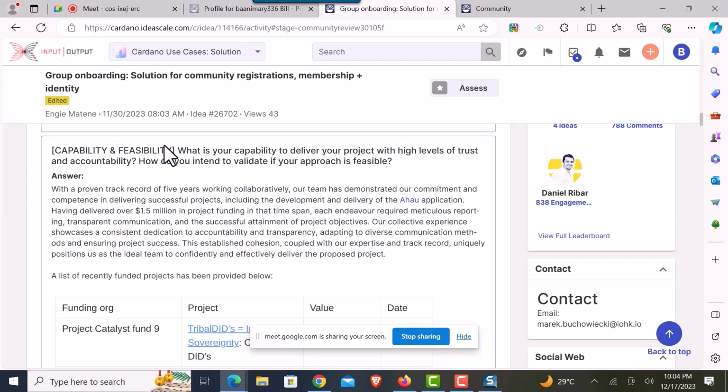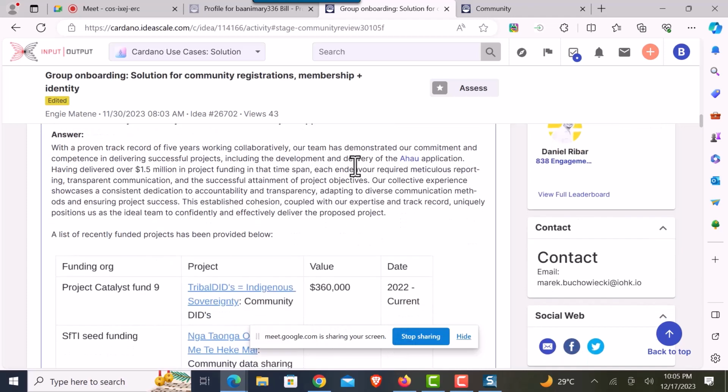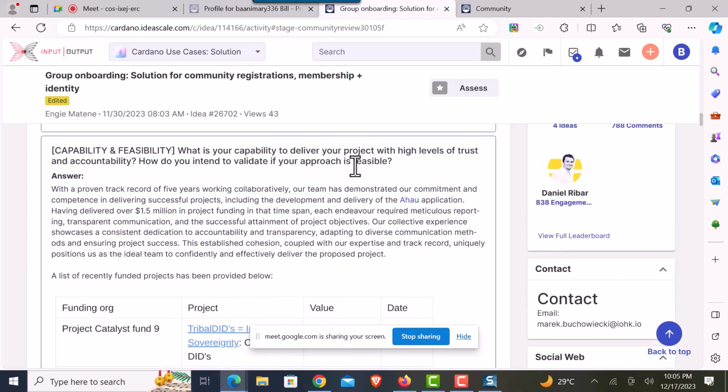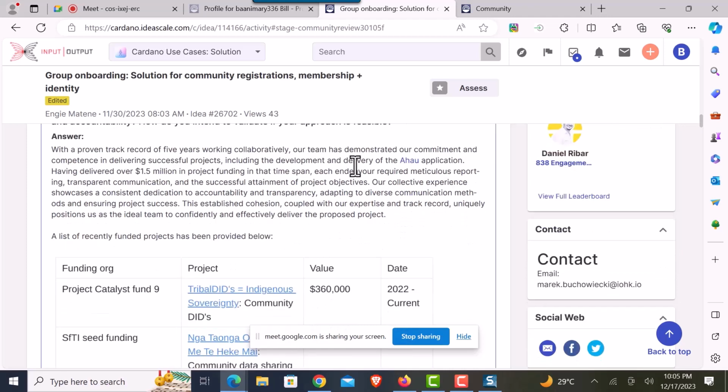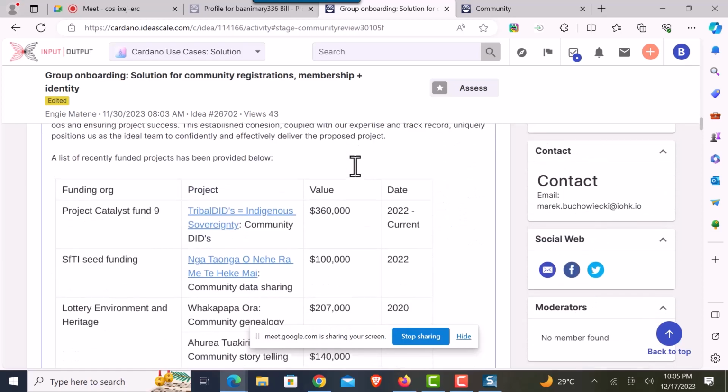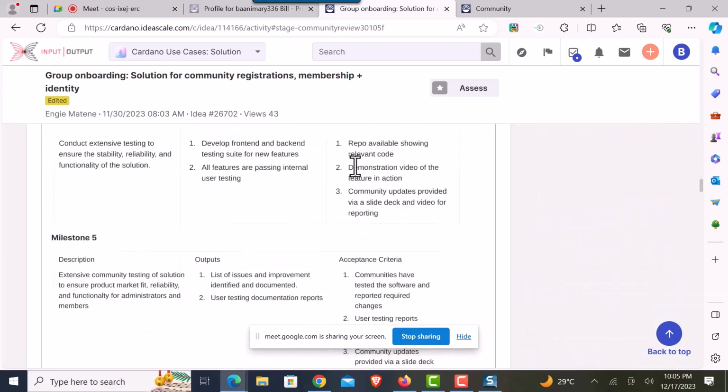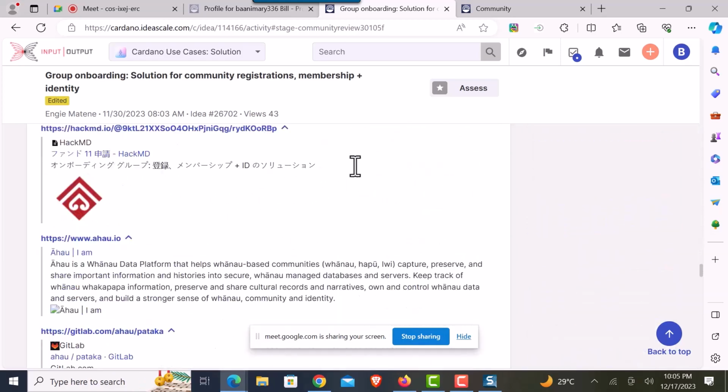Capability and feasibility. It's saying what is your capability to develop your project with high levels of trust and accountability? How do you intend to validate if your approach is feasible? Yes. So here too they will include their track record. So you can also check there to have further information about what they have done in the past. Then you come and then assess in that regard. Let me go and then we'll write it.